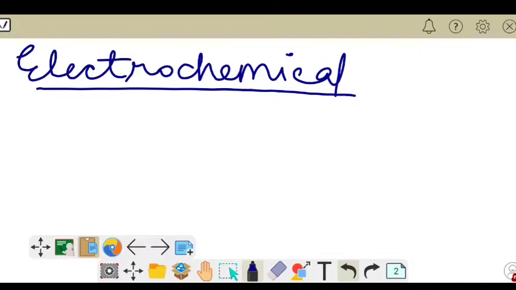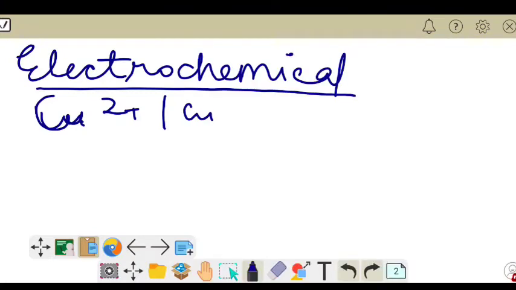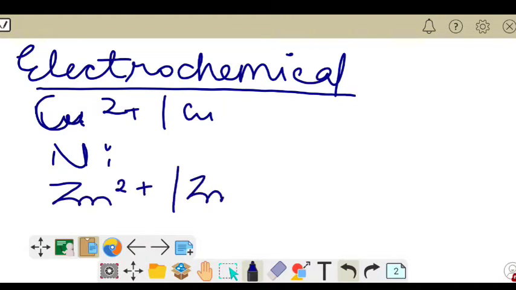Now if we consider some elements such as Cu, you can write the ion form here. I will not write it now. You can consider then nickel 2 positive, then nickel, after that Zn2+, Zn.